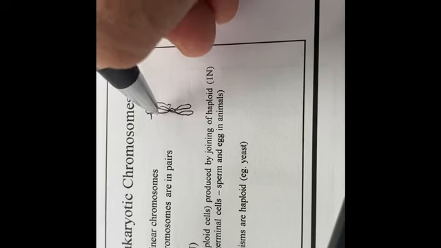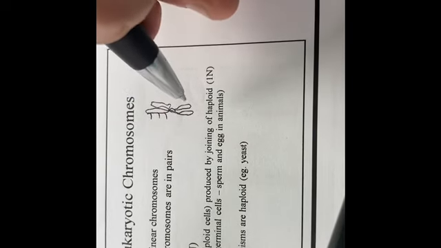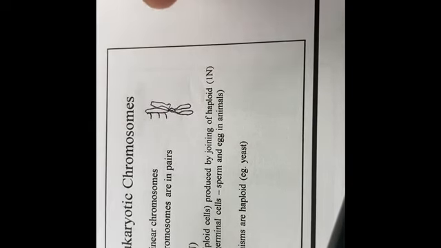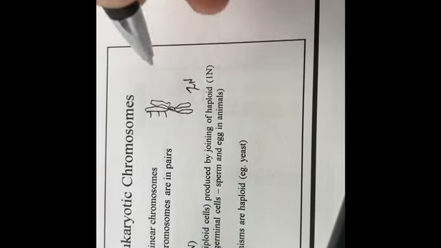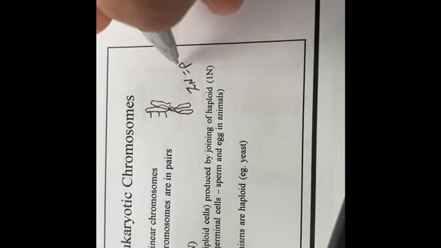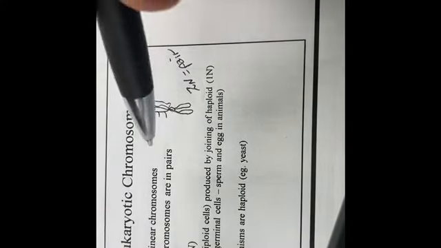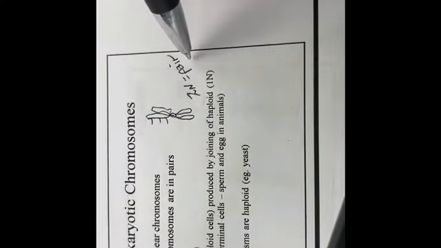We've got genes at various locations along that chromosome, always going to be in pairs. And diploid number: diploid equals the 2n, and that equals a pair. So all diploid means, guys, is pair.